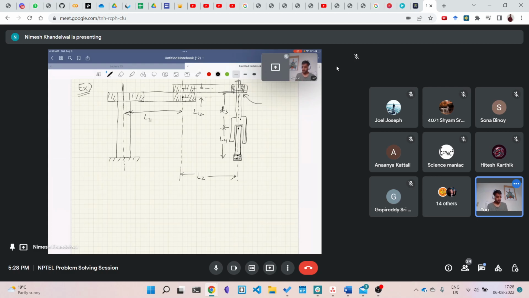In this case, if I mark this 1, 2, 3, and 4, then 1, 2 are revolute, 3 is prismatic. I am telling you that 3 will not rotate about this axis. It will just move up and down.